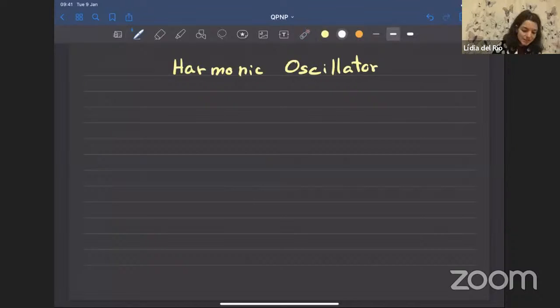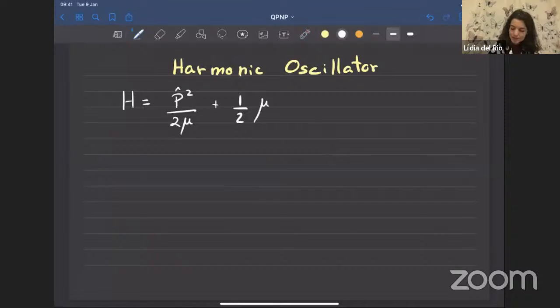So the harmonic oscillator is, first of all, a system with the following Hamiltonian, as usual. Our kinetic energy, so it's a massive particle, and then a term where you get some constants. We'll get into what these are later.